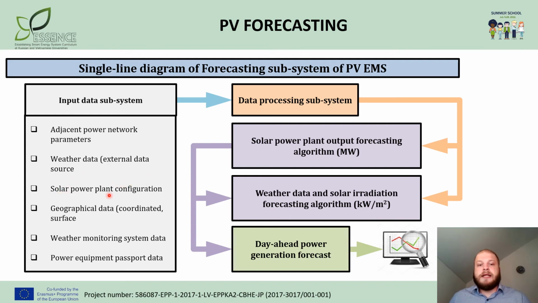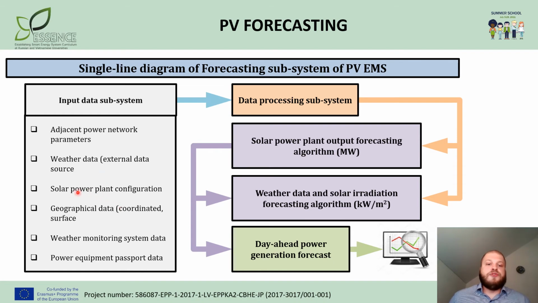We have to keep in mind the solar power plant configuration, because even service and maintenance actions like taking an inverter for maintenance disconnect a part of the PV panels, and that means we are no longer able to produce the rated capacity of the PV power plant. So we have to take this into account as well.